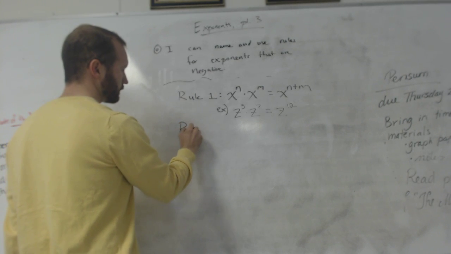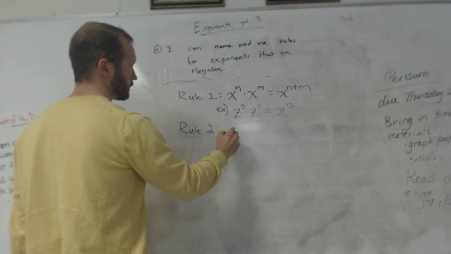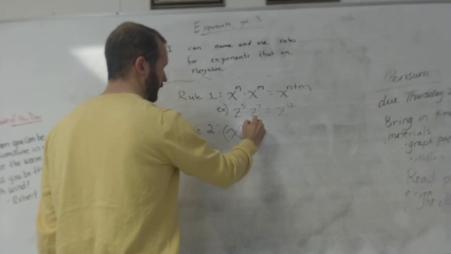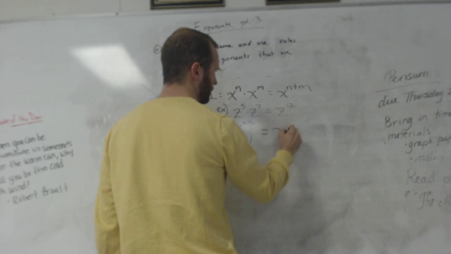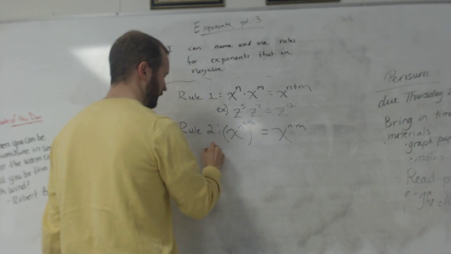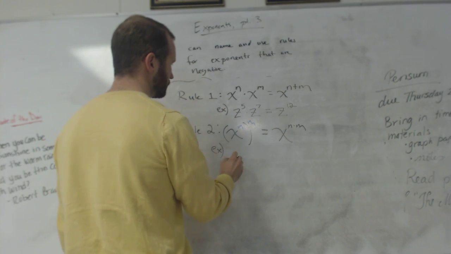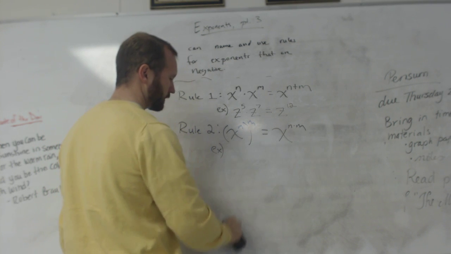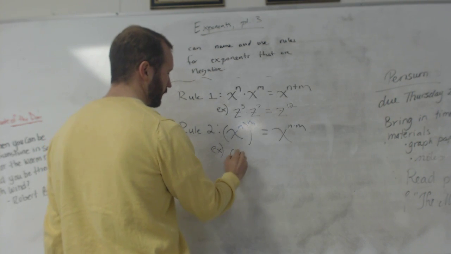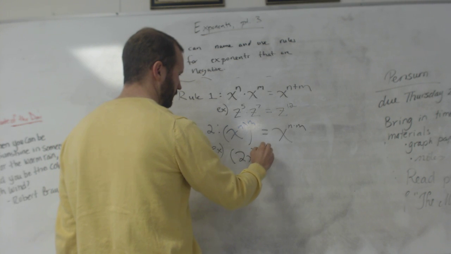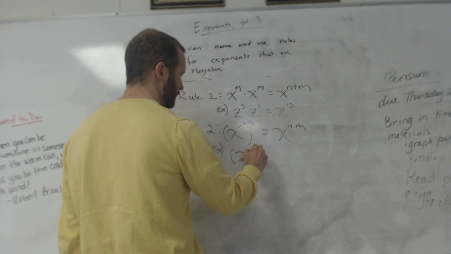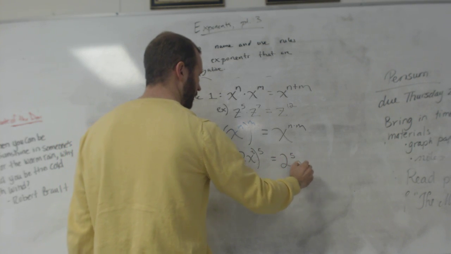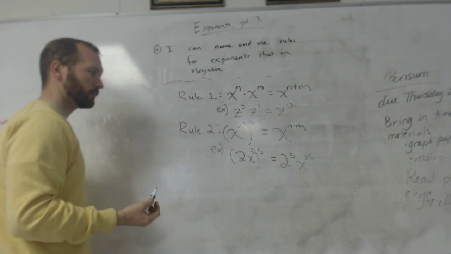Rule 2: x to the n to the m equals x to the n times m. For example, I'm going to do an example that includes the thing that was throwing some of you off. 2x to the 3rd power all to the 5th power equals 2 to the 5th power x to the 15th power.